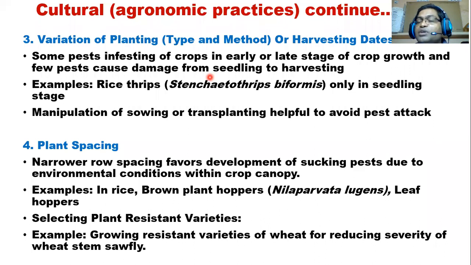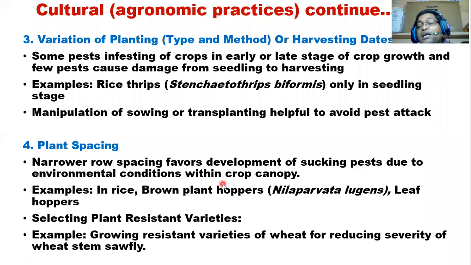If you are cultivating castor, black hairy caterpillar adults will start to lay eggs after the onset of rain. So before onset of rain, you can go for harvest. If you are adjusting planting and harvesting dates, you can minimize pest incidences.